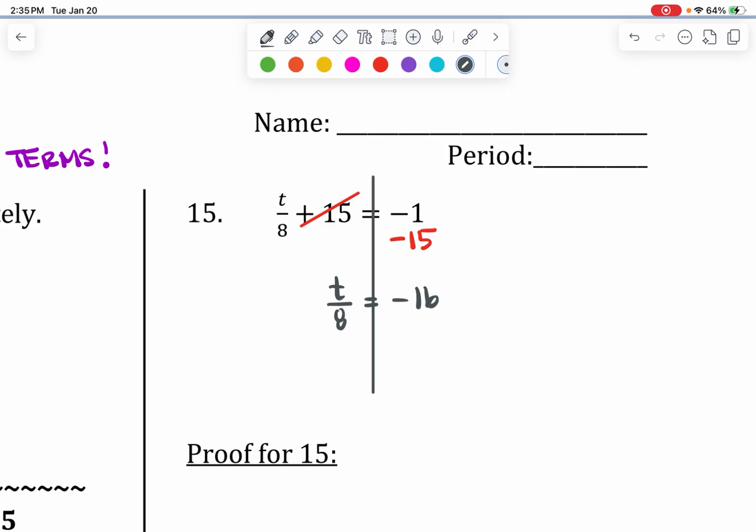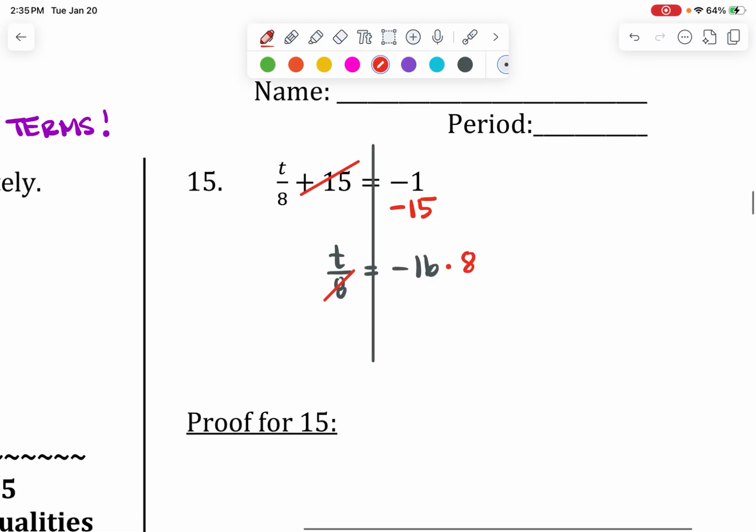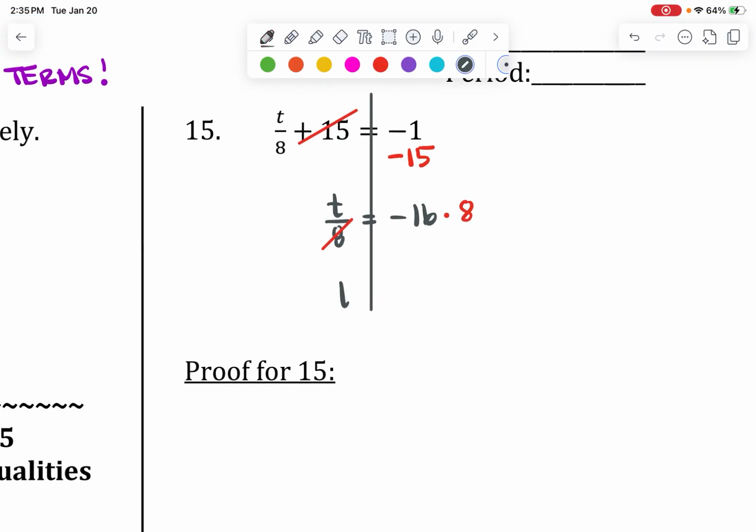And then I need to get rid of my divider, right? Because that 8 is a divider. And if I move a divider, it has to become a multiplier on the other side. Right? Again, it's not meant to be difficult, right? You just have to make sure that you're taking the number and you're moving it to the other side using the inverse operation, okay? Let's see, so that gives me the t all by itself, which gives me negative 128.